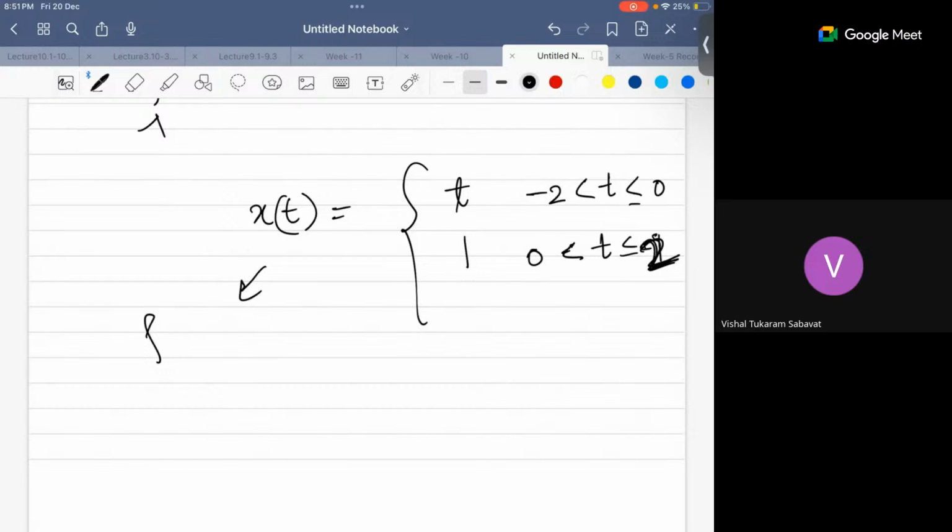So do we have to find it individually for t and then 1? No, this is like one function only, right? Minus 2 to 2.